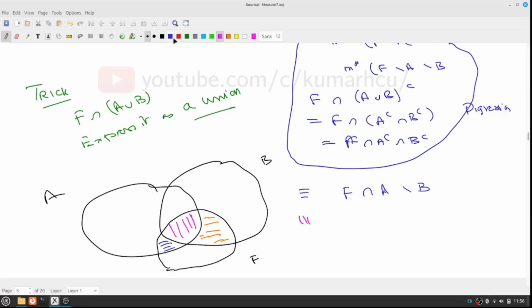This one is F intersection A intersection B. All are common. It is in A intersection B as well as in F.